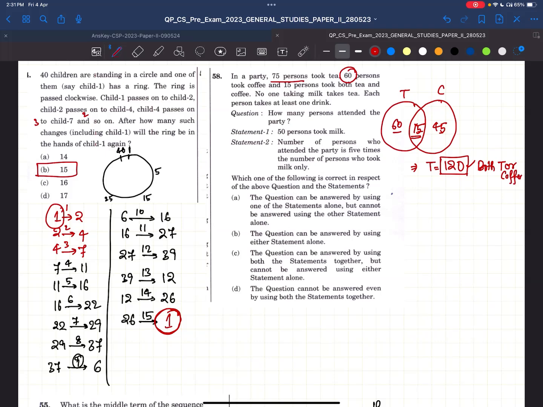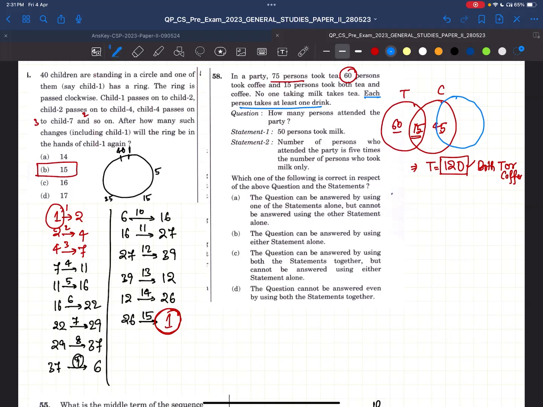Okay. Now, no one taking milk takes tea. This is the entire tea value, so the milk value should not intersect this tea value. Each person takes at least one drink. So there is a possibility that people who take coffee also take milk as well.